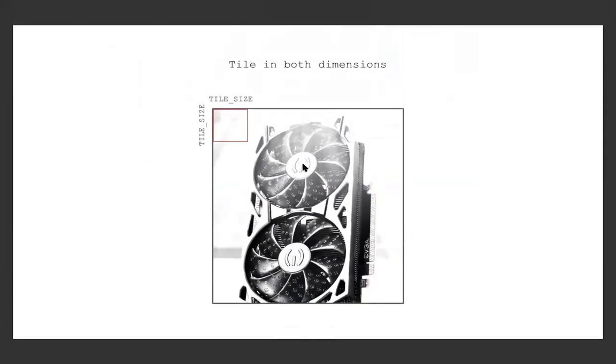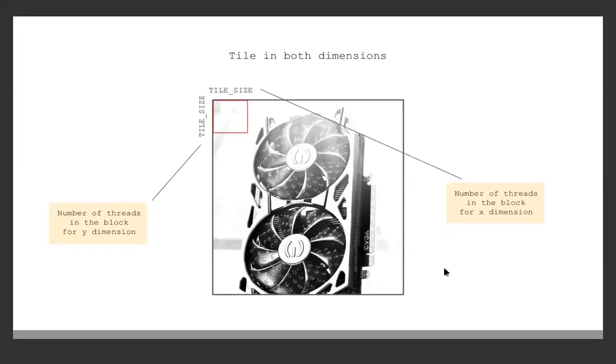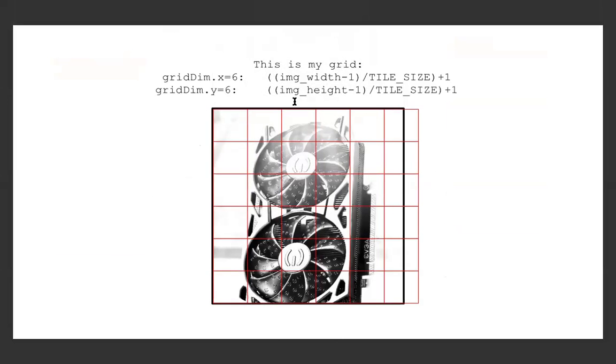Then we define our block sizes, which is the tile size here: threads in the block for the Y dimension and X dimension. Say we have a grid dimension of 6 and 6. That's how the threads will be divided between the blocks. You can see that some of the red squares go beyond the boundary of the image.